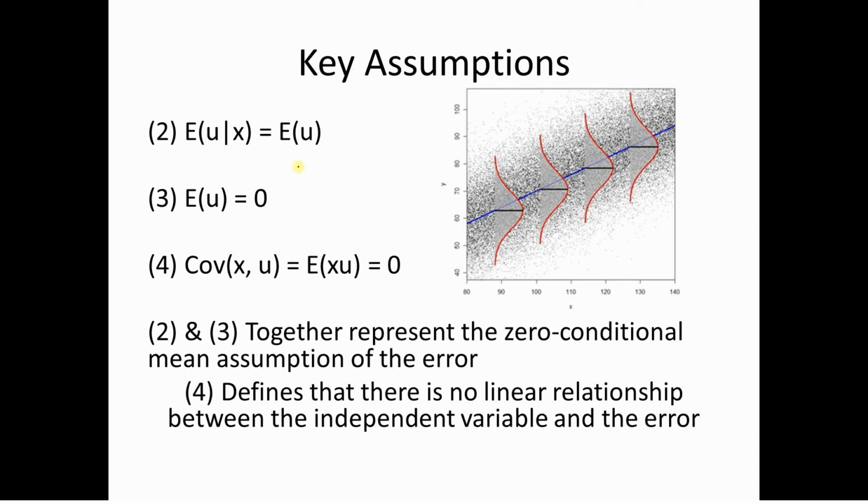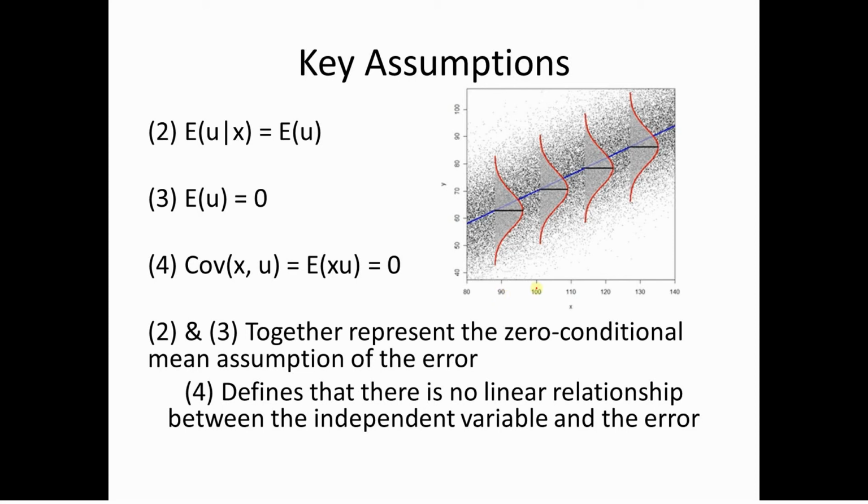We need a few key assumptions to get us on our way. The first assumption is equation number 2, which states that the expected value of u given any value of x is going to be constant. In this graph, you can see that to be the case. When x is equal to 90, you see this distribution. Let's say this normal distribution is the distribution of u.